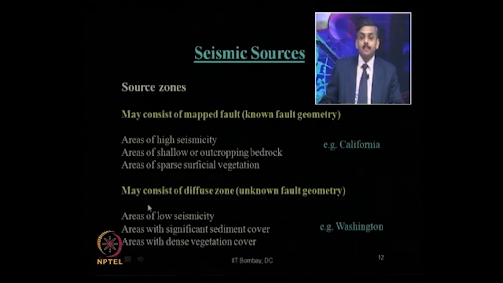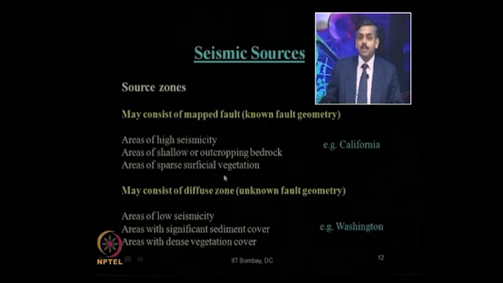whereas you may have another type of region or source zone, where your fault geometry may not be known. That is called a diffuse zone. What are those areas? Those areas are areas of low seismicity, where earthquake is not that frequent or common, or that high magnitude. Areas with significant sediment cover, where you have a large thick cover of a soft sedimentary layer, and areas with dense vegetation cover.